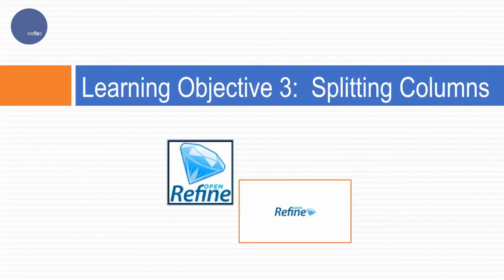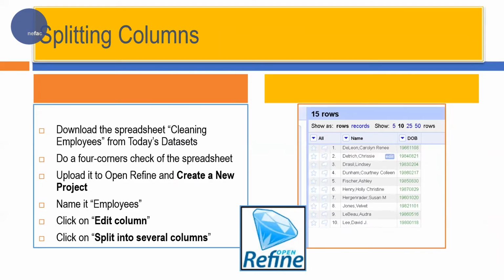We can also split columns in Refine. So go ahead and open up the employee data set that you have. And we're going to bring that into Refine. So open that up, just take a quick look at it. And now if you're in Refine and you did the URL exercise, let's just go back and get a clean interface page.